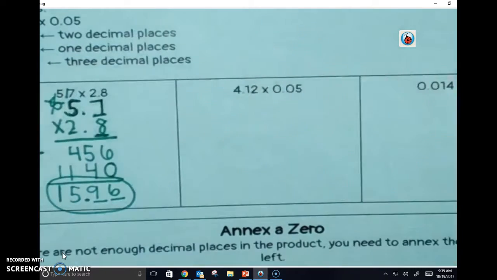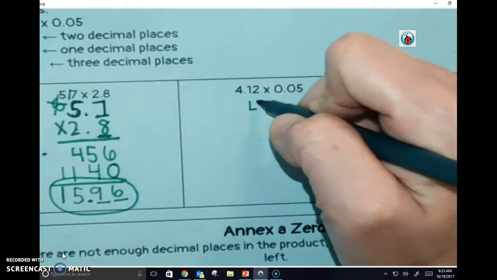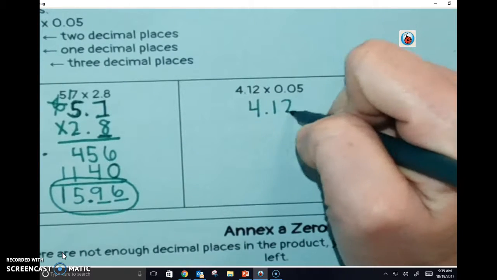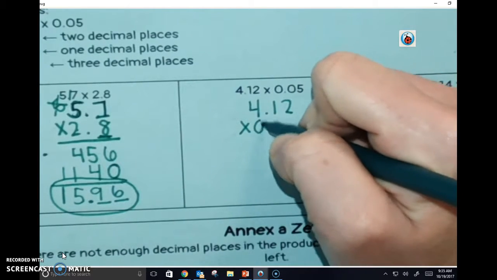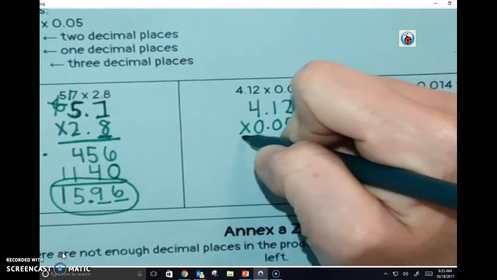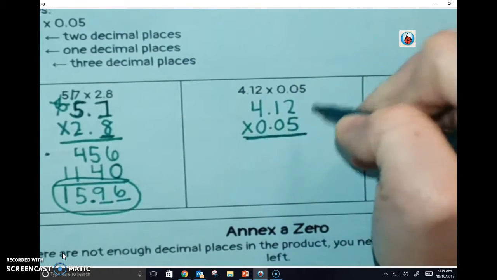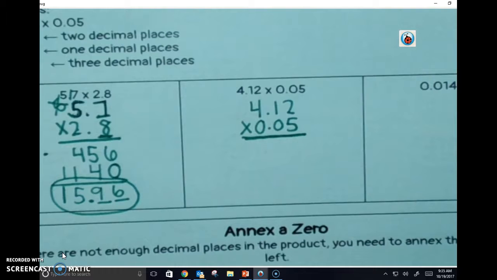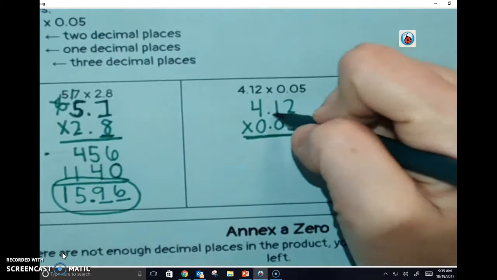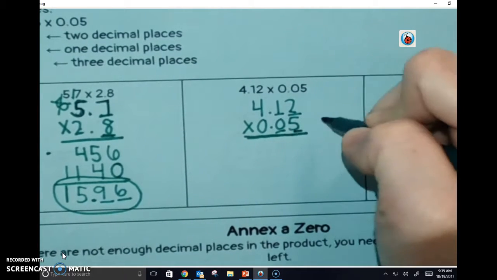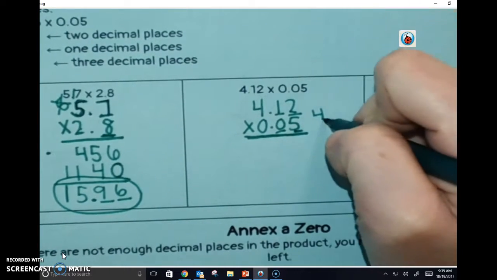Okay, let's move on to the next one. I have 4.2 times 0.05. By just glancing at this problem up here, how many places are going to be in your decimal? Nolan? Oh, there's going to be 4? Yeah, because there's 1, 2, 3, 4. So we need 4 spots, right?